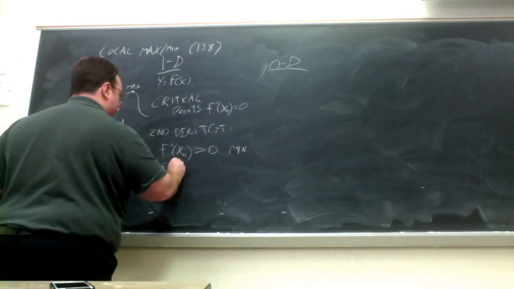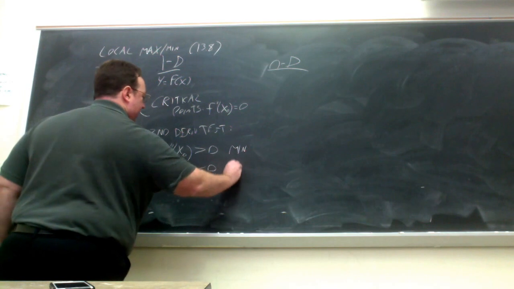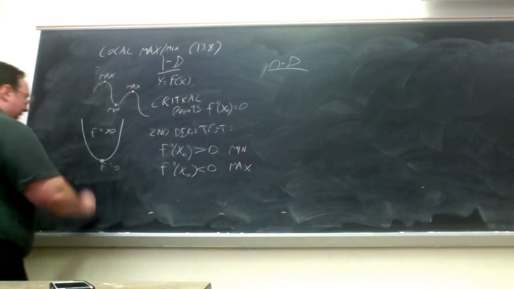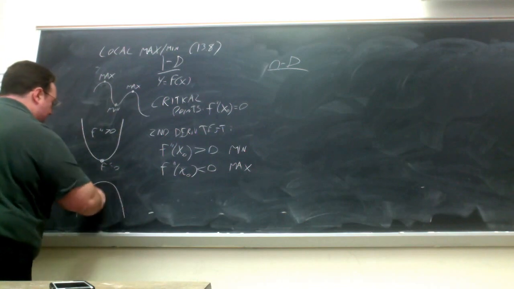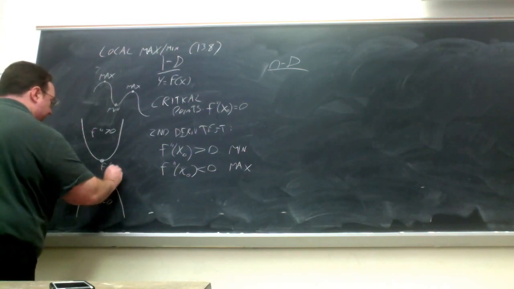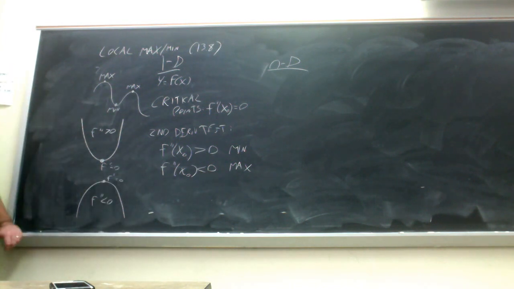And therefore, if it's negative, it is a max, well, it's the only possibility left, isn't there? So you have a situation like this where it's concave down. Okay, and if it is equal to 0, it's actually inconclusive.